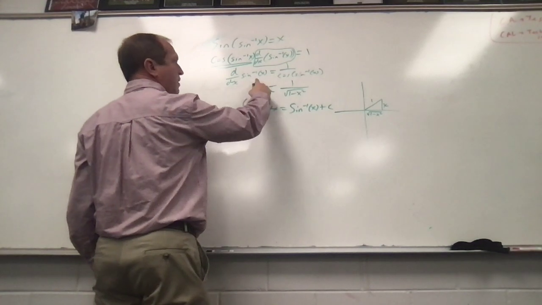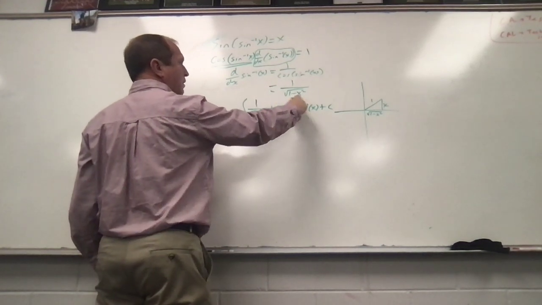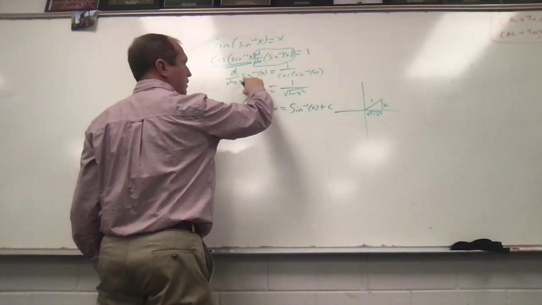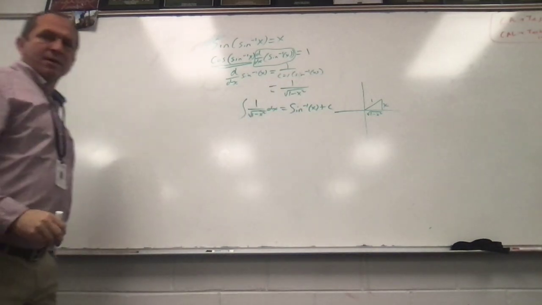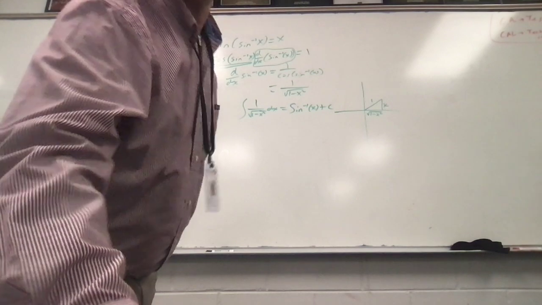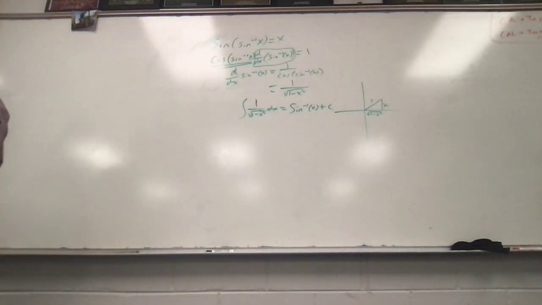If the derivative of the sine inverse of x is equal to this, then the antiderivative of this would equal that. Does this make sense? Yes. Okay. Any other question here?